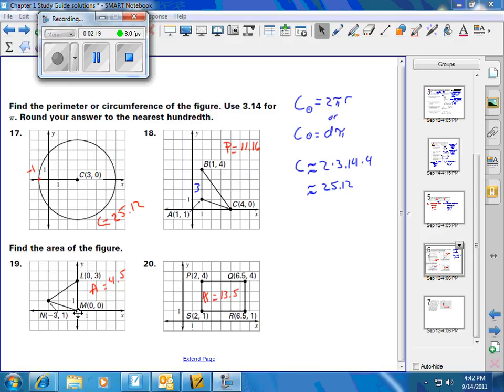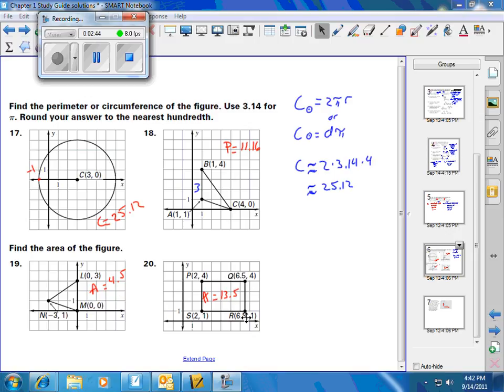So in this one, we're asked for the area of a triangle. So that's 1/2 the base times the height. The height is perpendicular to the base, so we can simply see here that the height is going to be 1, 2, 3 units long, and the base is also 1, 2, 3 units. So we just have 1/2 times 3 times 3, which is 4.5.